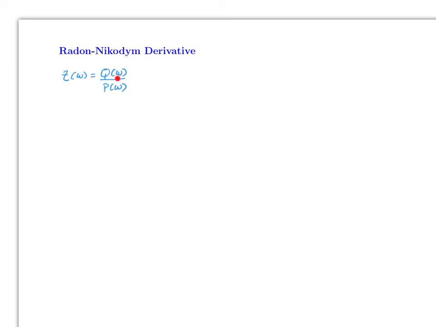So in essence, this is the ratio of two probabilities. Therefore, this has to be a random variable too. And Z is called the Radon-Nikodym derivative of Q with respect to P. Again, in this case, it's just a ratio of two probabilities. In continuous time, once we get there, it will be an actual derivative.